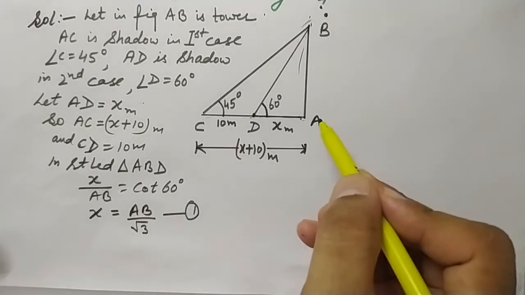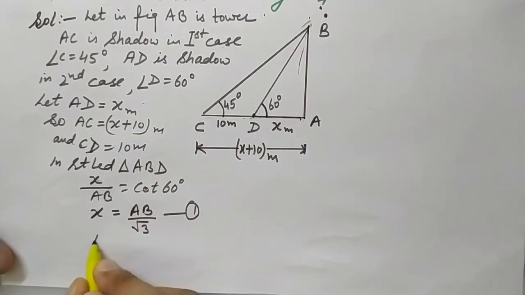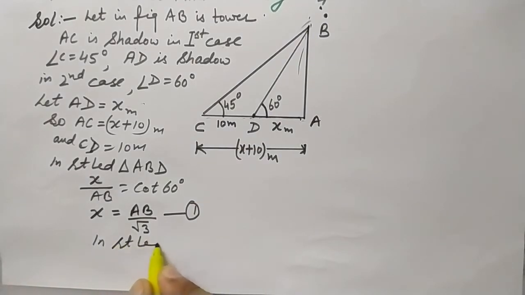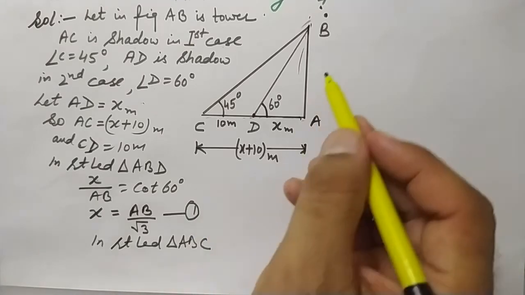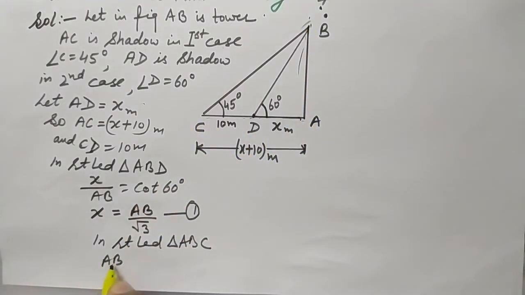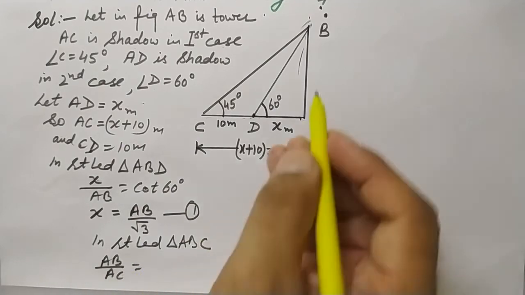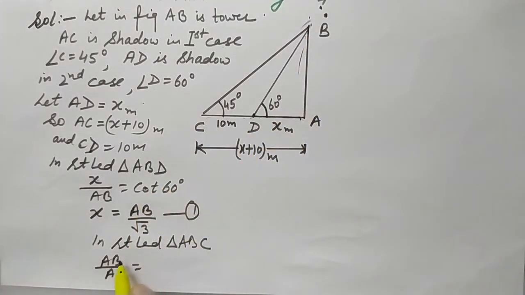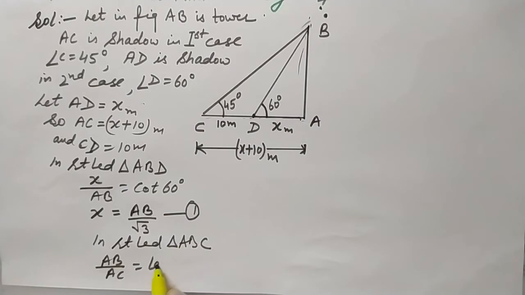Now in the right angled triangle ABC, AB over AC is perpendicular over base, that is tan. So tangent of 45 degrees, and we know tan 45 is 1.